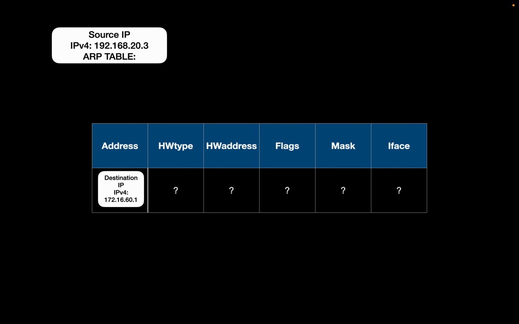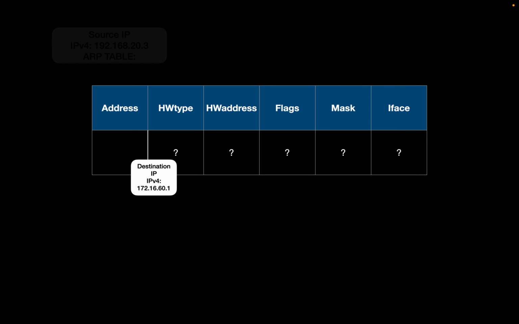So in this case, we are trying to send a package from the sales network, the IPv4 192.168.20.3, and we're trying to send a package to the destination 172.16.60.1, but we're not aware of what hardware type, hardware address, flags, mask, etc. These are needed to be able to establish the communication between the two workstation clients on the separate VLANs.